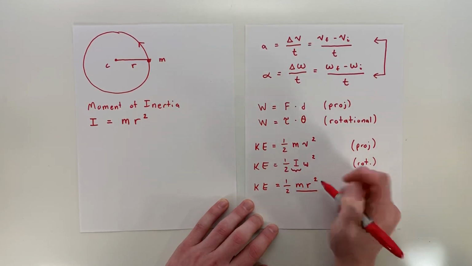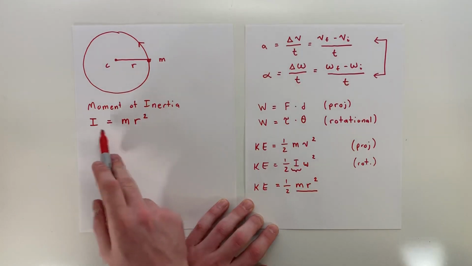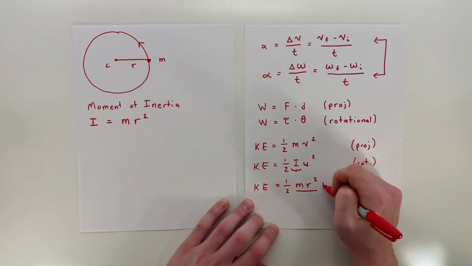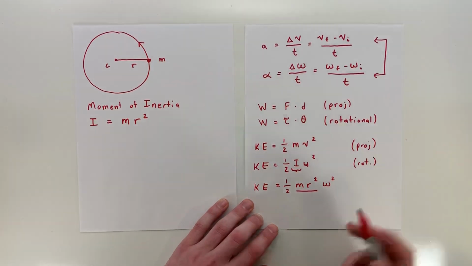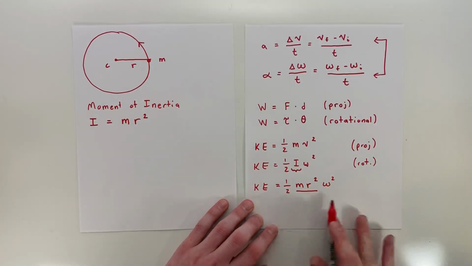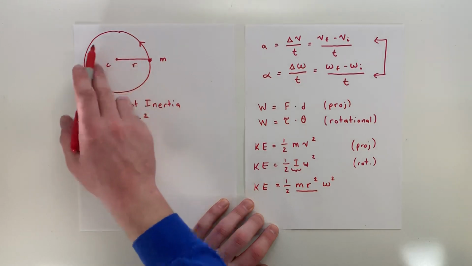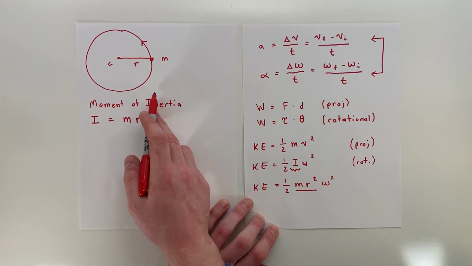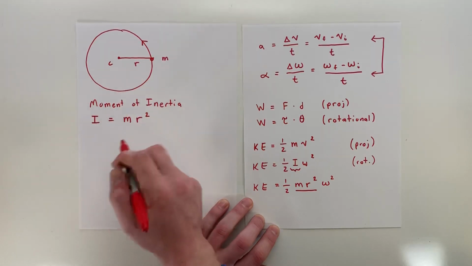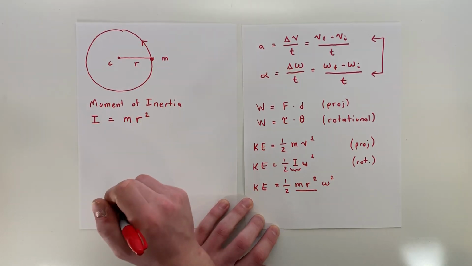So that mr squared came from the I, right here, times omega squared. So this holds true if you have a point mass or a ring. They function the same because all of your mass is on the outside, rotating around a single point.